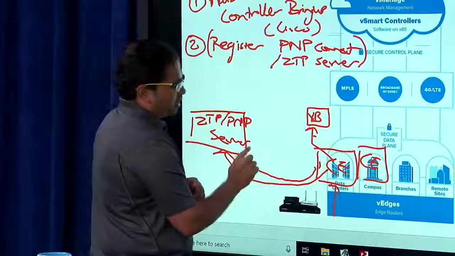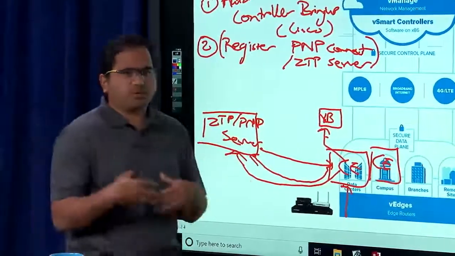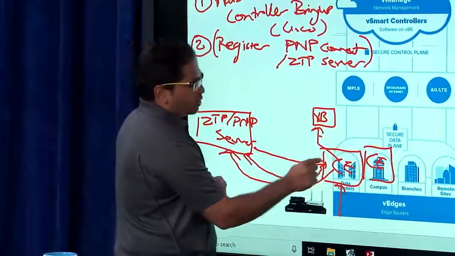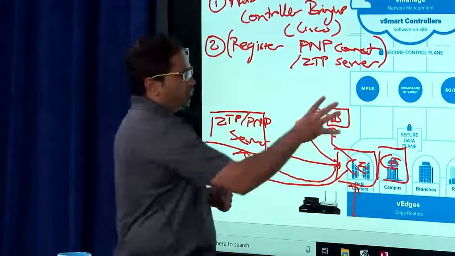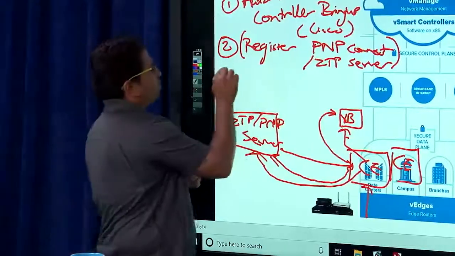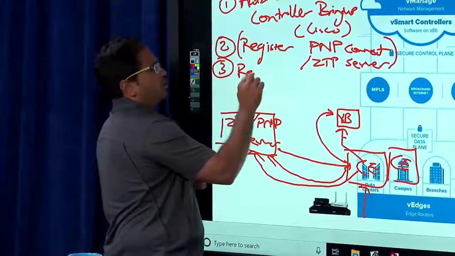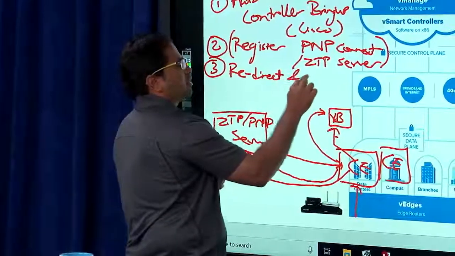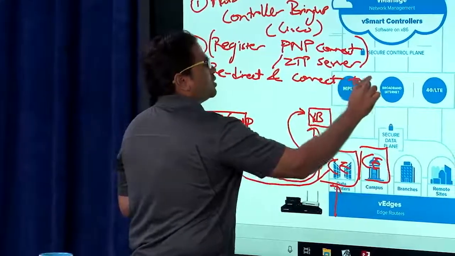The PNP server then responds to the edge after authenticating it using a whitelist and certificate mechanism to redirect it to go to its organization vBond, after which we go over the steps we discussed before. Redirect and connect to vBond.